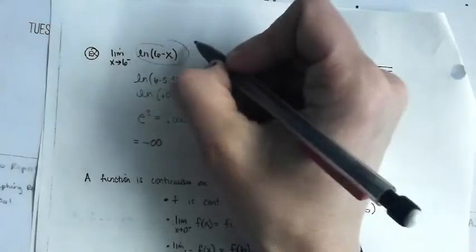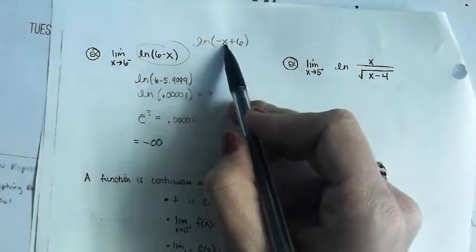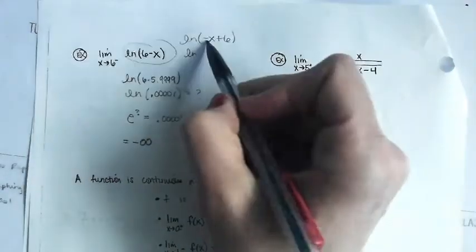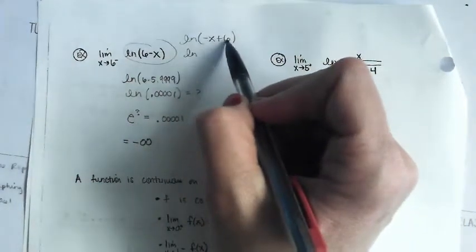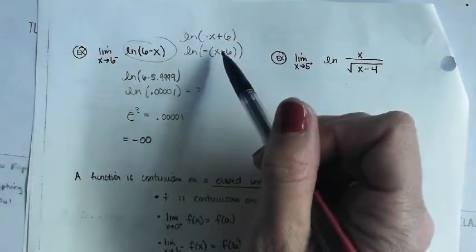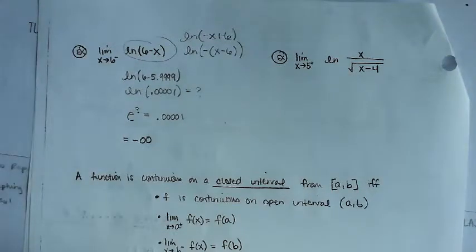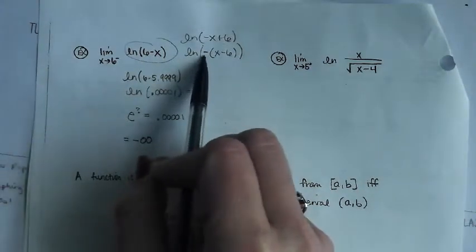From a graphing perspective, this is the same as the natural log of negative x plus 6, agreed? And in order to do horizontal reflections paired with translations, you have to factor that negative out first. And the order in which you do the horizontal transformations is backwards, just like everything else with horizontal transformations. So we're going to flip it horizontally first.